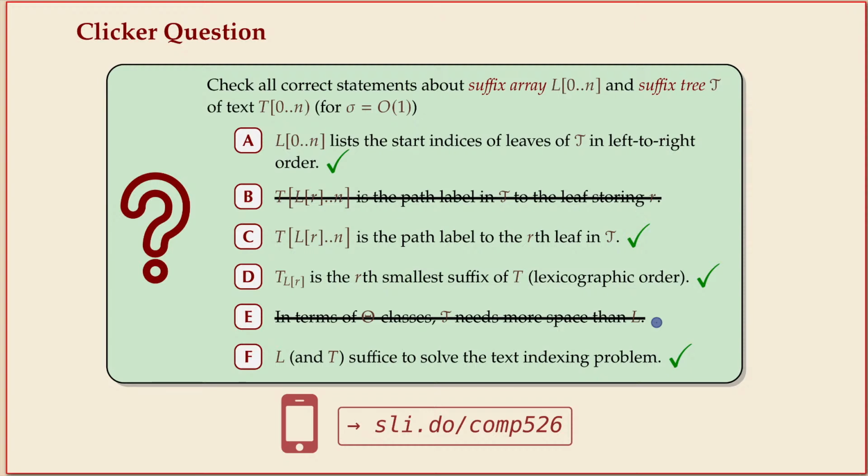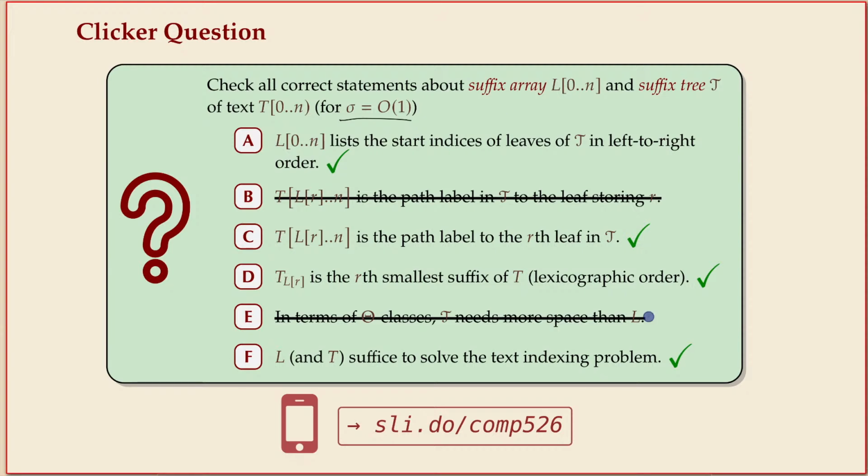The last is maybe a bit surprising, but I think I've said it quite explicitly. Both the suffix array and the suffix tree, under the assumption that the alphabet is constant, take a linear amount of space, theta of n words of space. But the constant for the suffix tree will be much bigger. And indeed, for the suffix array, the alphabet doesn't even make a difference. All that I'm storing is n numbers, n indices between 0 and n.